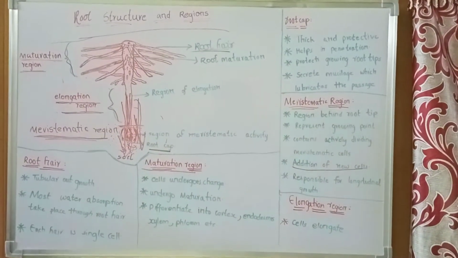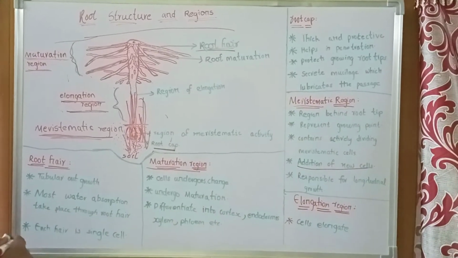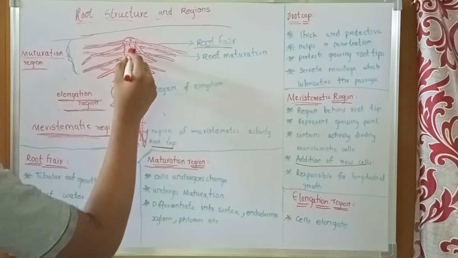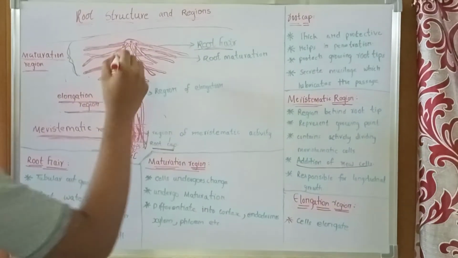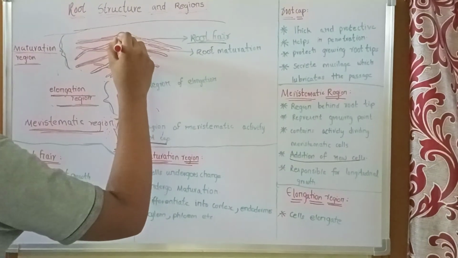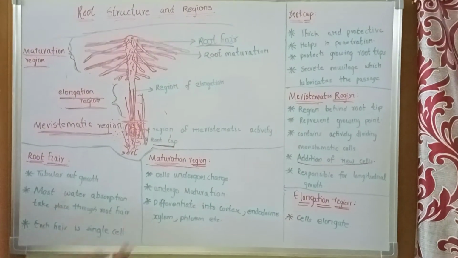Different cells are present, they have different activities, and it is a complex process. So in this region the cells will mature and have different cell shapes and different activities.